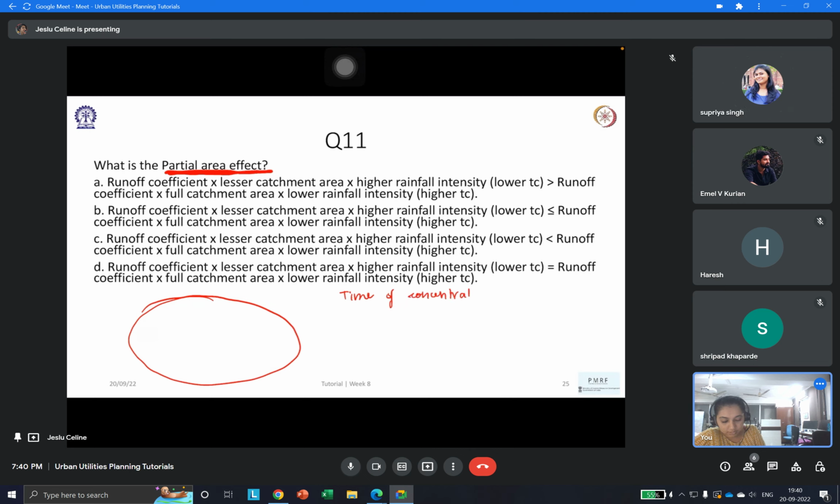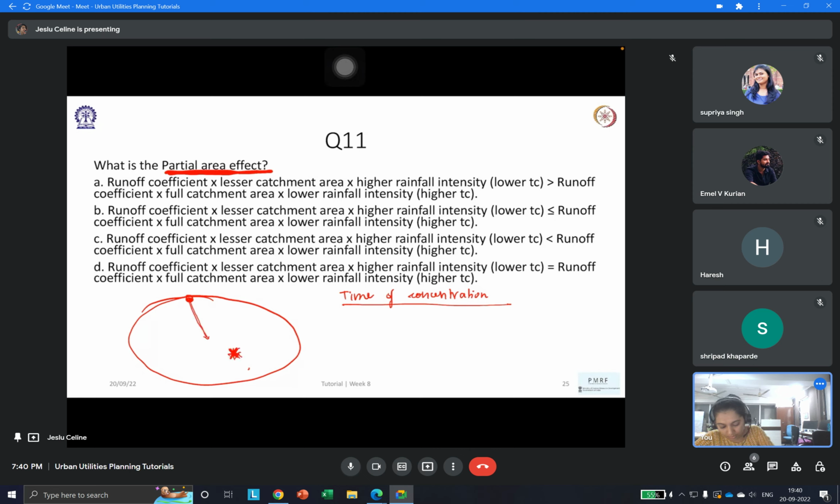It is the time required for water to travel from the most hydraulically distant location and contribute towards the catchment. Imagine I'm considering the rain gauge or the runoff coefficient point here.